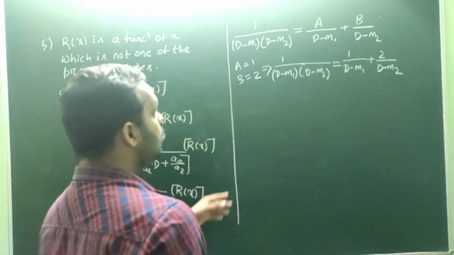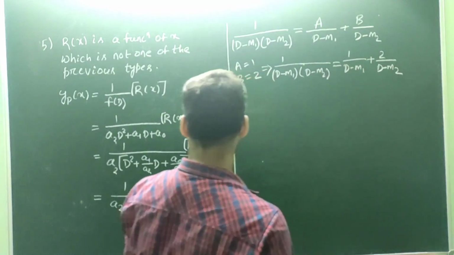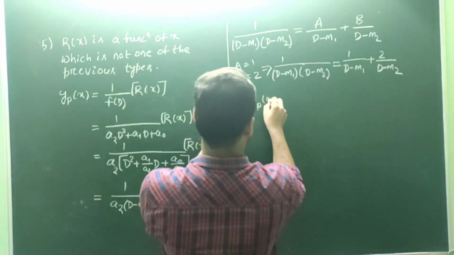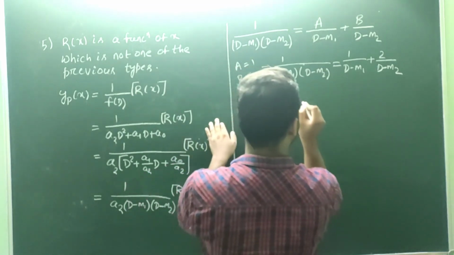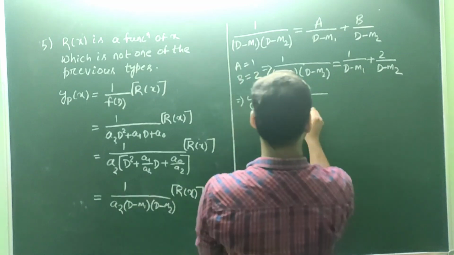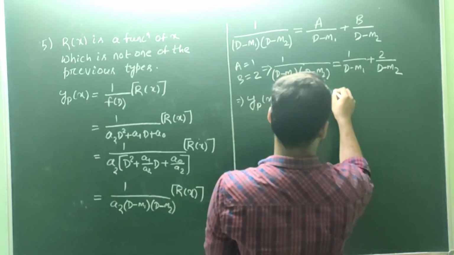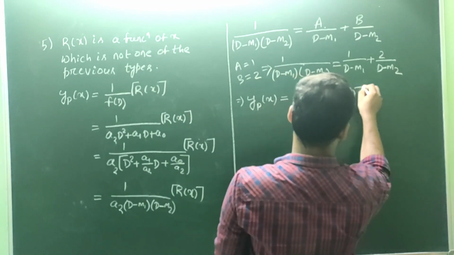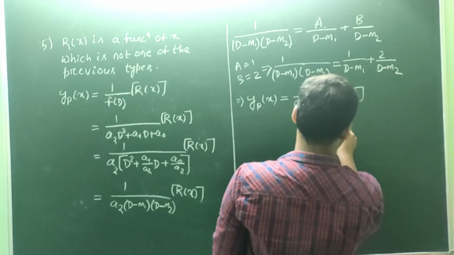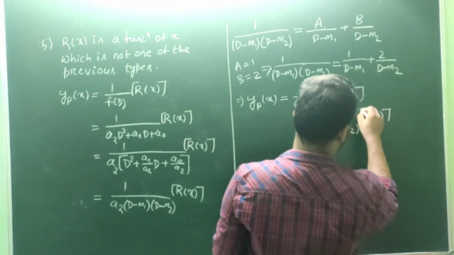After that, you have to operate each individual term on R(x). So y_p(x) is equal to 1 by a2 (D minus m1) on R(x) plus 1 by a2 (D minus m2) operated on R of x.